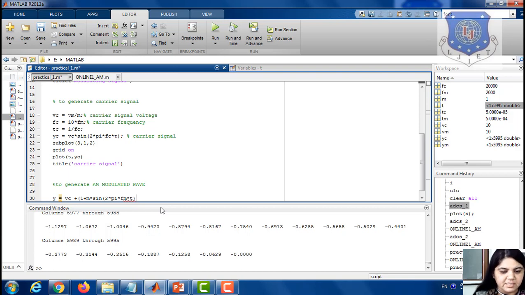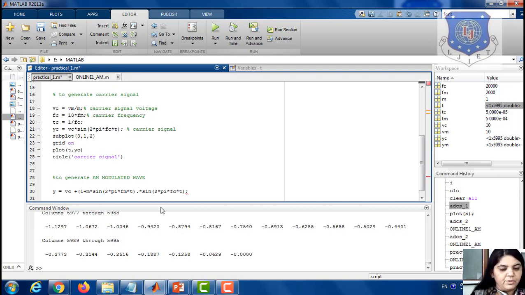So that is my modulating signal. Now the modulating signal multiplies with the carrier signal. So now here we will write it multiplied with sine 2 into pi into FC into T. So it is the equation for the modulated wave.